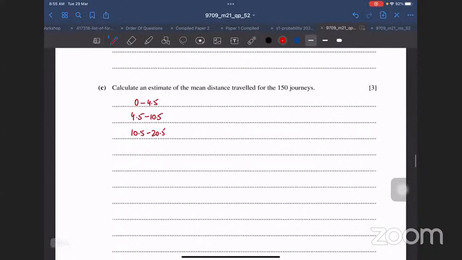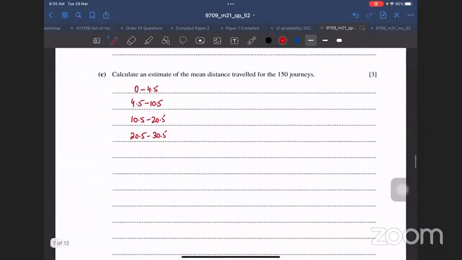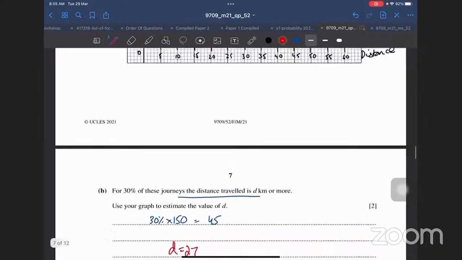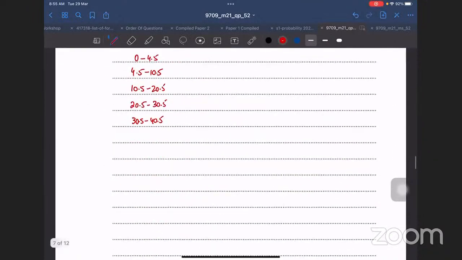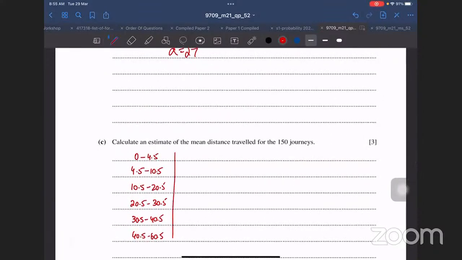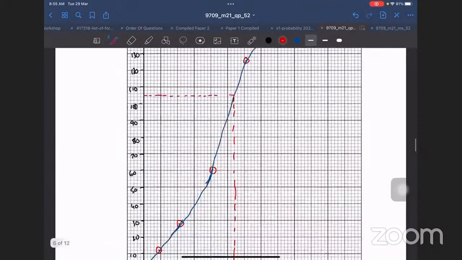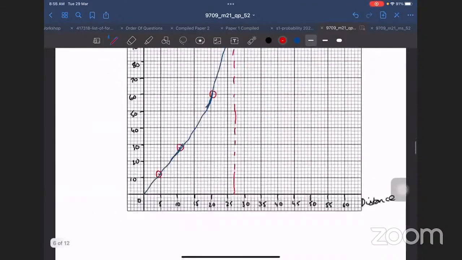Now I have not adjusted the first class, that is 0, because distances cannot be less than 0. Then ... .5 to 60.5. Now this is the class: 12, 16, 32, 66, 20, and 4.